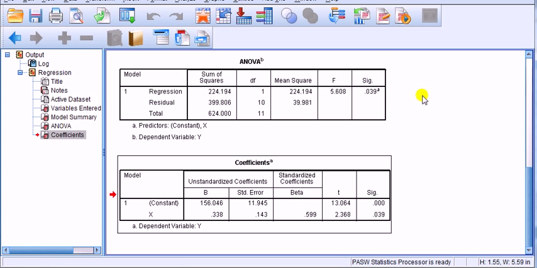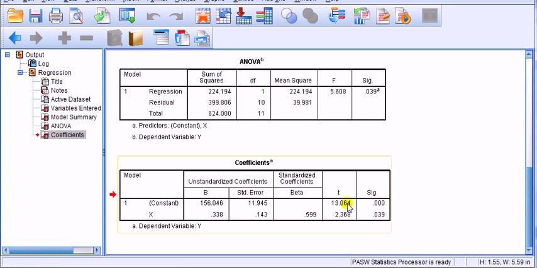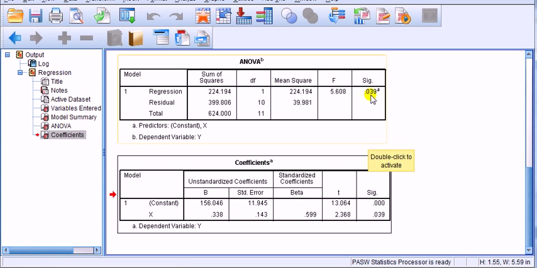To think about what I said before, one way to express the null for the F is that the IV does not help predict Y. That must be the same as saying the coefficient on the IV is 0. But that's what the T-test is testing for down here. And that's why it's not a surprise if you look at the significance level, 0.039, and look at the significance for the F. Same, isn't it?